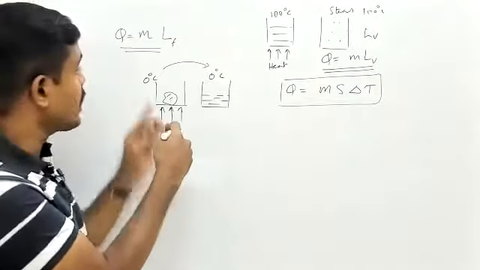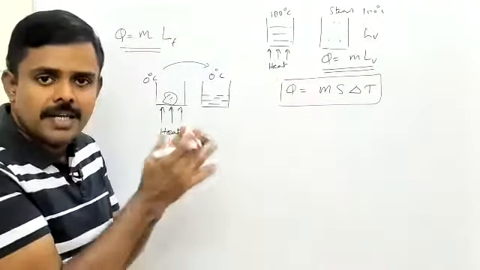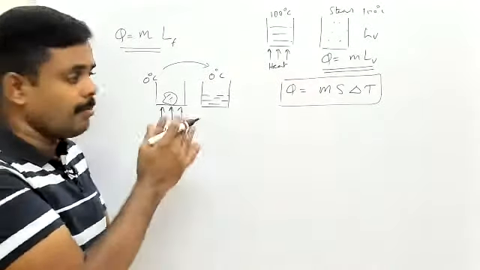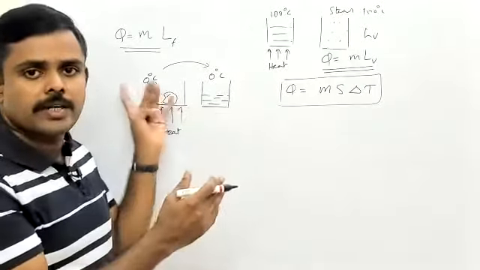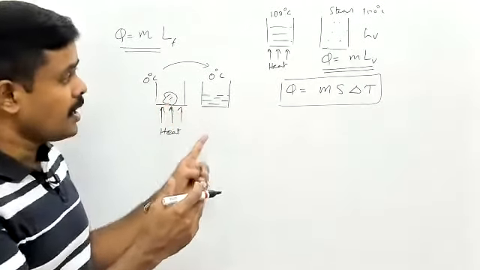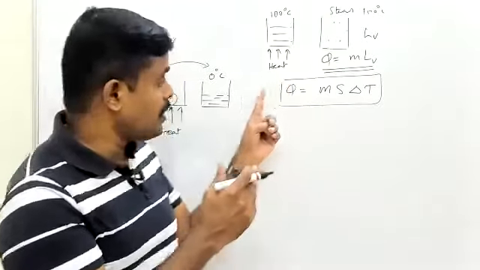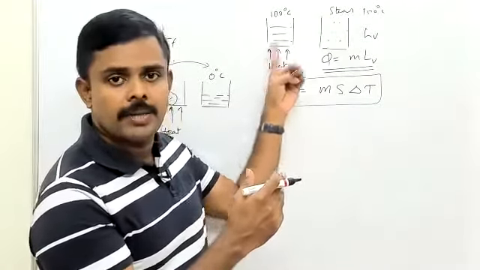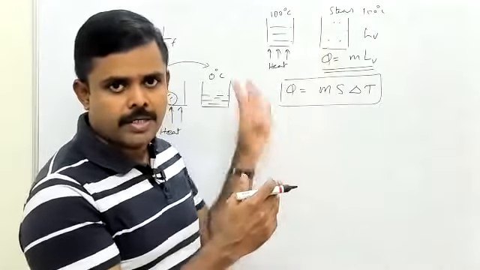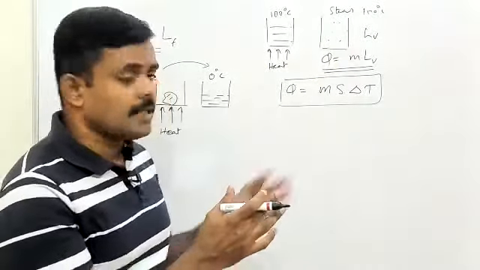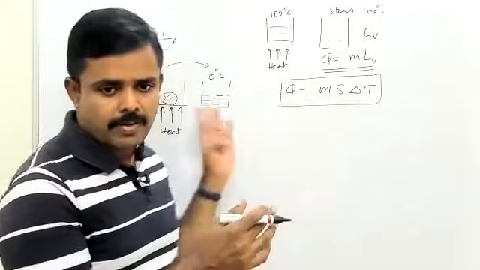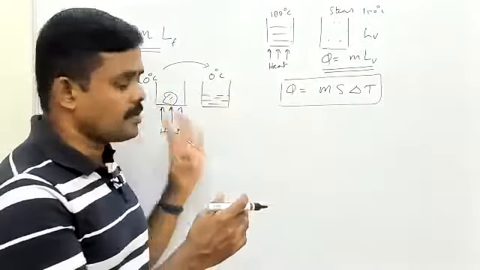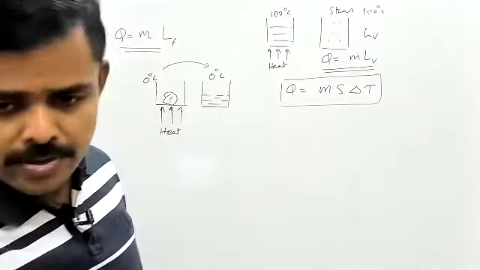So if you want to melt m kilograms of ice to make m kilograms of water, the heat required is m Lf. And the heat required to convert m kilograms of water to m kilograms of steam is m Lv. So latent heat of vaporization is Lv, and latent heat of fusion is Lf. Did you understand all these points?